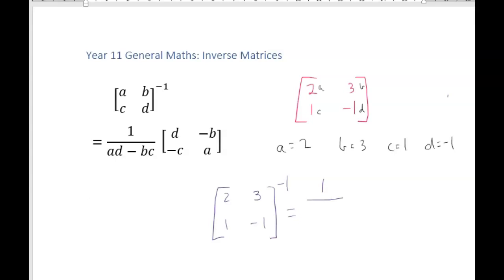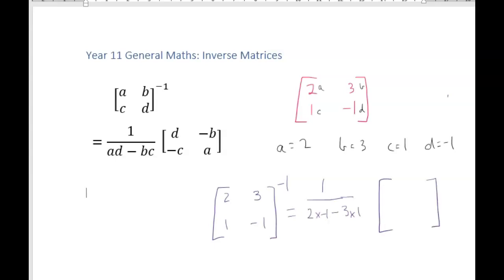So A is 2, so I'll put a 2 here. AD, when they're together, it means multiply. So it's A times D, where D is -1. And then we've got minus B, so -3 times C, so 3 times 1. I might just move that over. And then we've got our matrix.